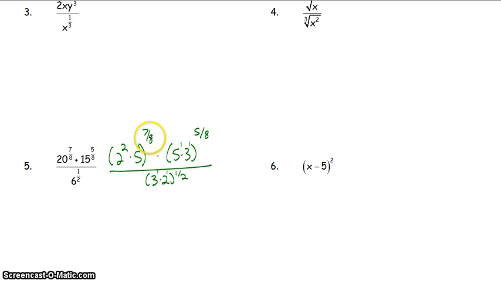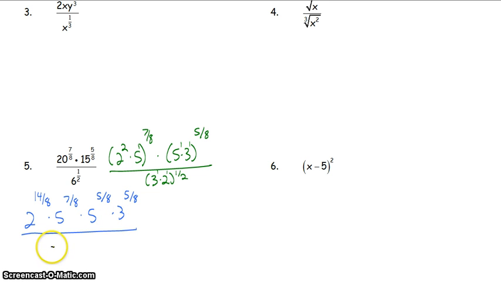So this turns into 2 to the 2 times 7/8, which is 14/8, times 5 to the 7/8, times 5 to the 5/8, times 3 to the 5/8, all over 3 to the 1/2 times 2 to the 1/2.